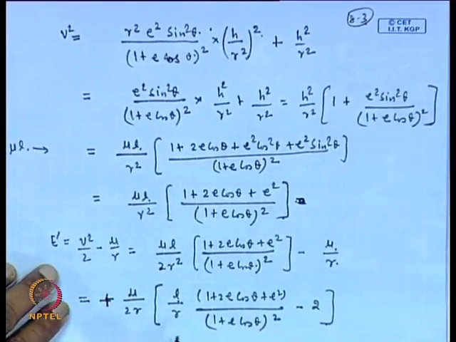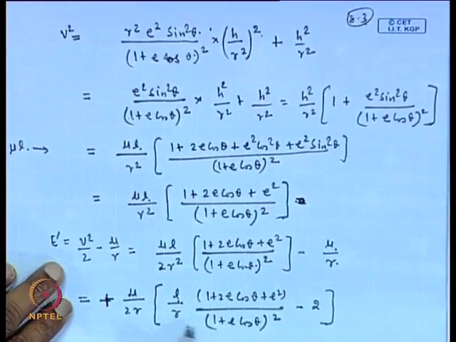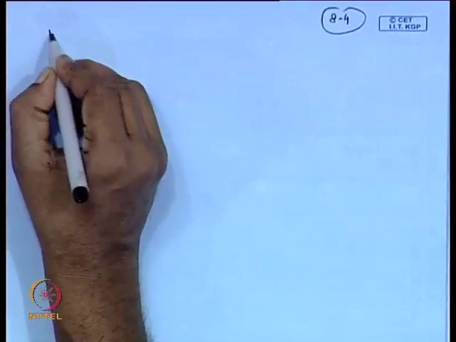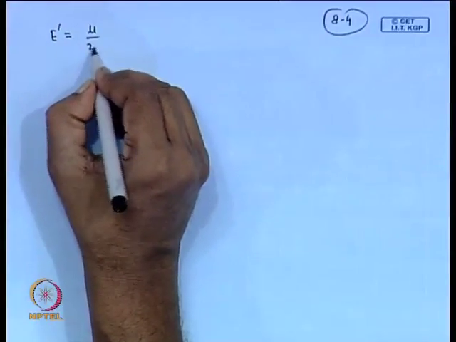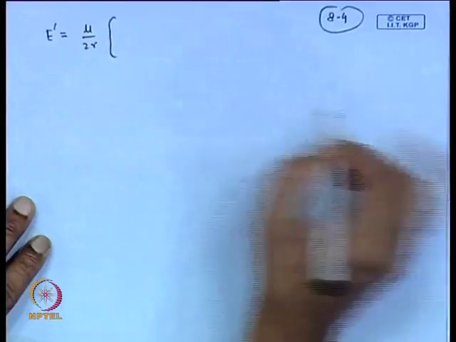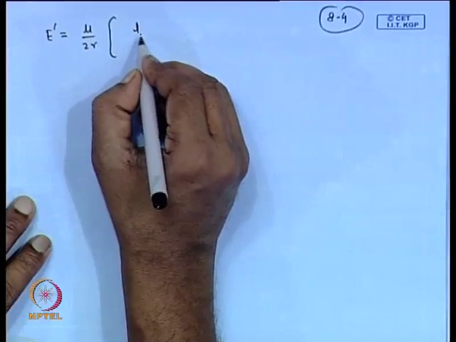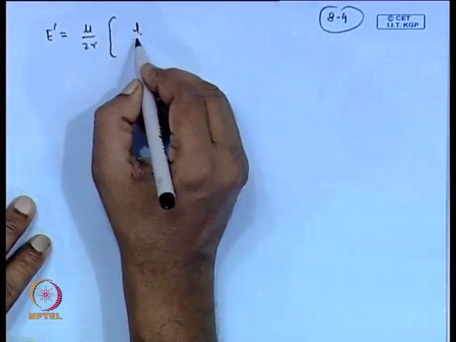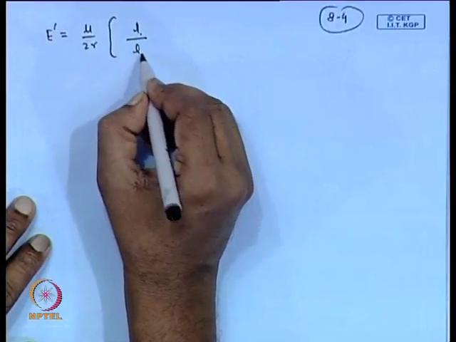This quantity can be solved further. Now, we know that r is equal to L by 1 plus e cos theta, meaning r times (1 plus e cos theta) will be L. So, here there is a possibility of cancelling out a few of the terms. So, we write it here. E prime is equal to mu by 2 r, L by r times (1 plus e cos theta), this becomes L. Okay.